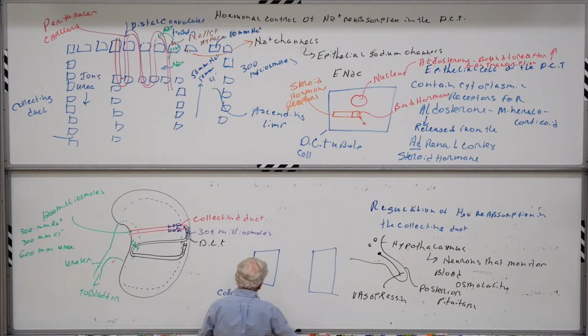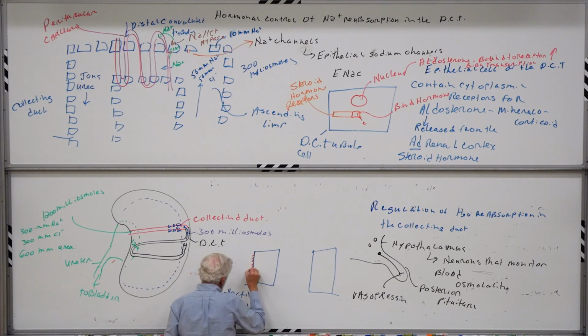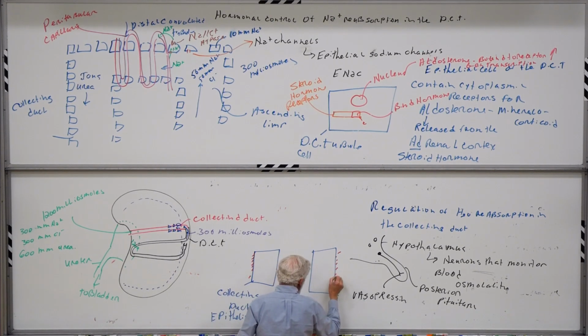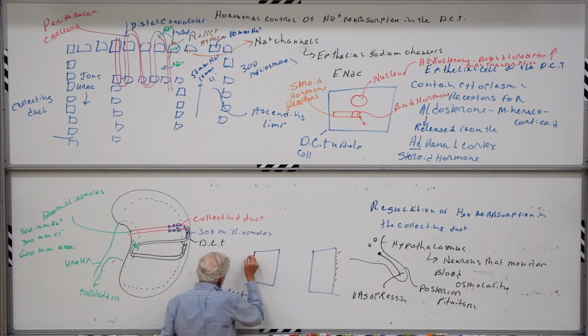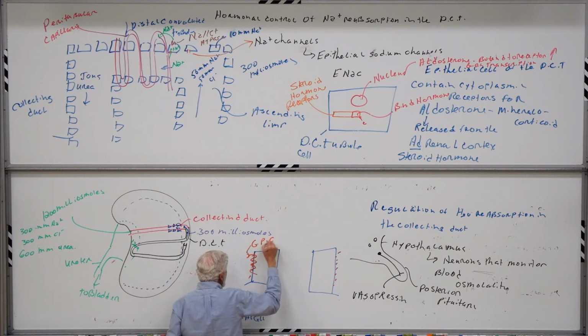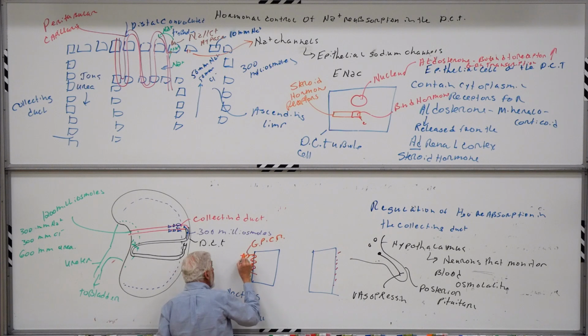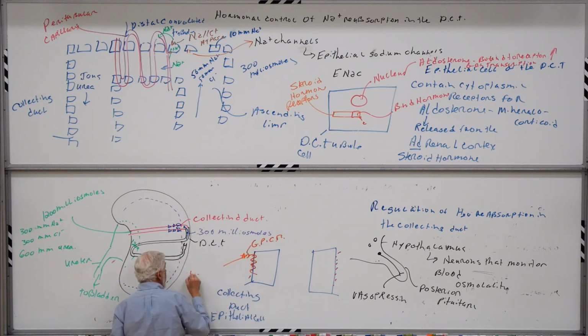And again, to orient you, on the basal lamina, on the basilar side, there will be these transmembrane proteins, 1, 2. Again, a G protein coupled receptor. And this G protein coupled receptor binds to vasopressin.